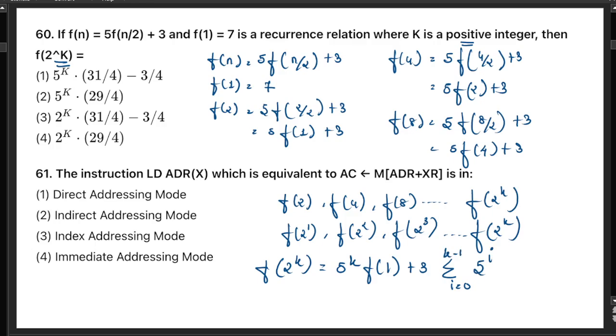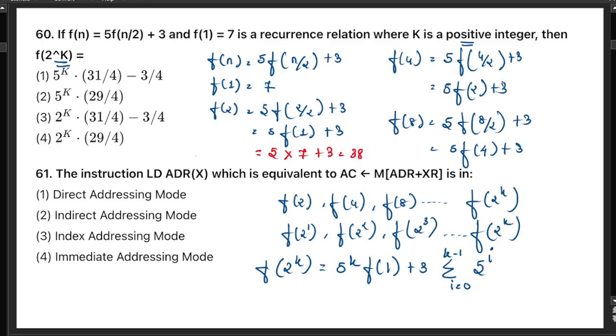If we solve this, for 2 we are going to get 38, because if we substitute, it will be 5 into 7 plus 3, which is 38.